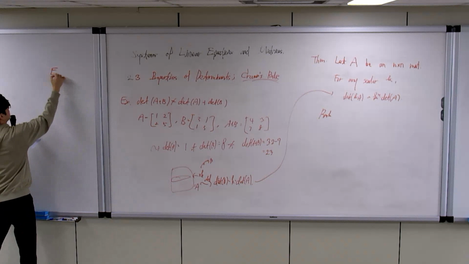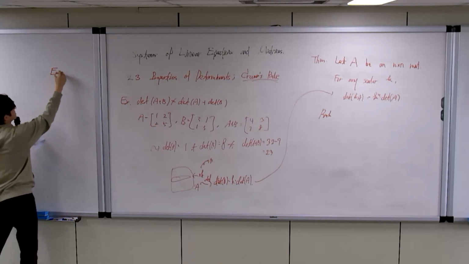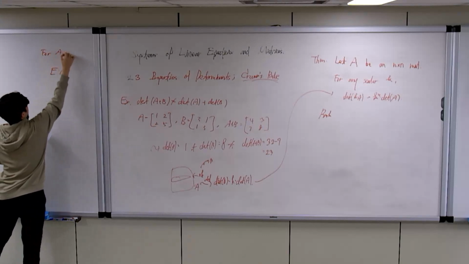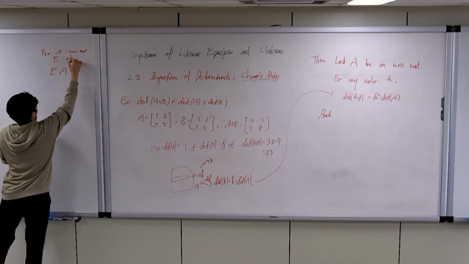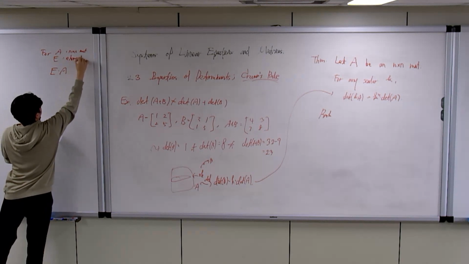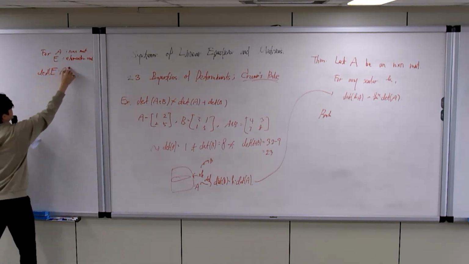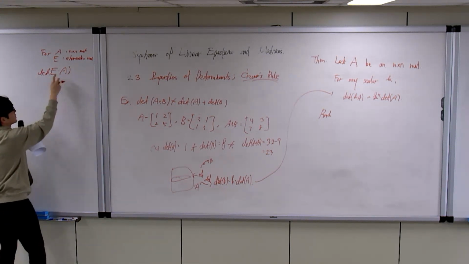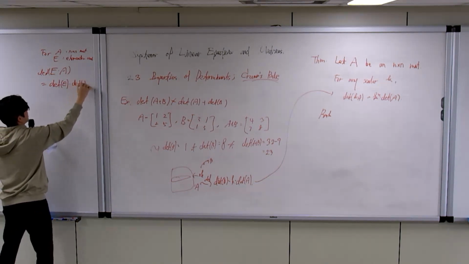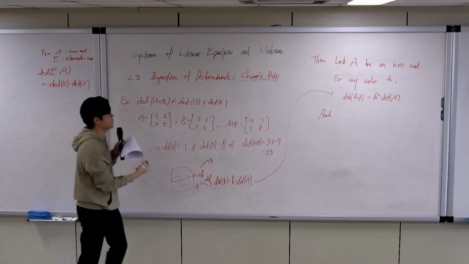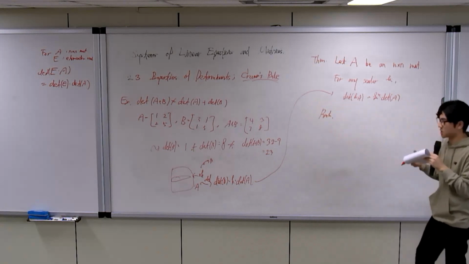That means when we define E as an elementary matrix, and A is an n times n matrix, then the determinant of E times A, which is matrix multiplication, is the same as determinant of E times determinant of A. We checked the result in the previous section.